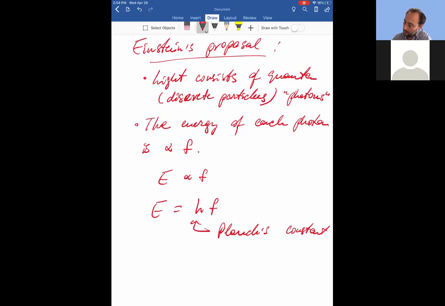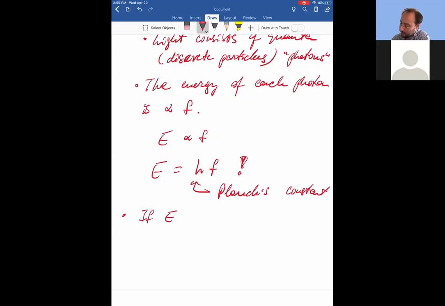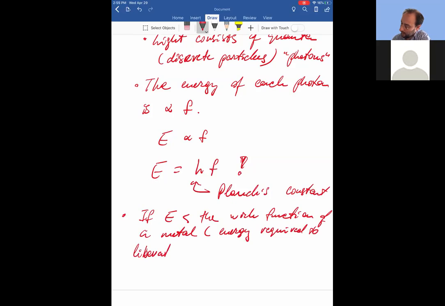Okay, so this is kind of a big deal, big idea. If E is less than the work function of a metal, which is the energy required to liberate an electron out of a metal, sometimes we use the letter phi.